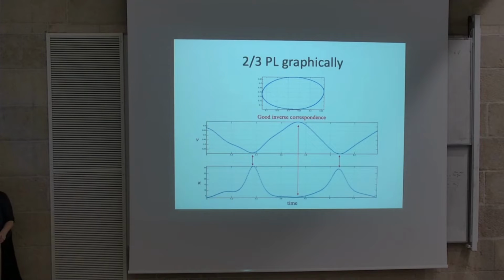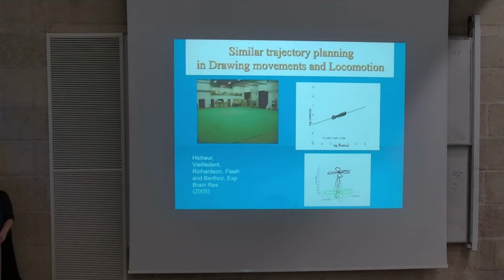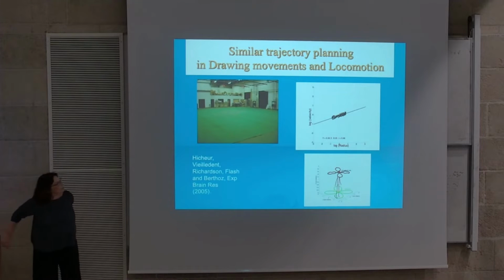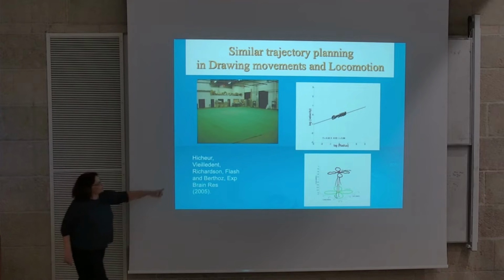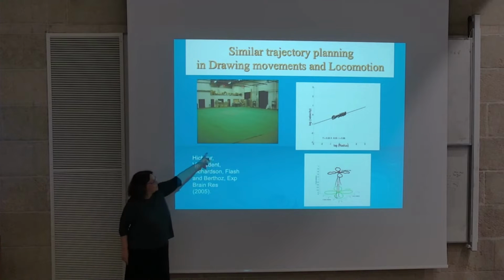Why does it happen? So later on, work was done in different labs. For example, it was done in the laboratory of Alain Berthoz. They looked at people walking in shapes that look like a double ellipse, okay? And when I walk along a double ellipse, you also have this ratio, as with just an ellipse.